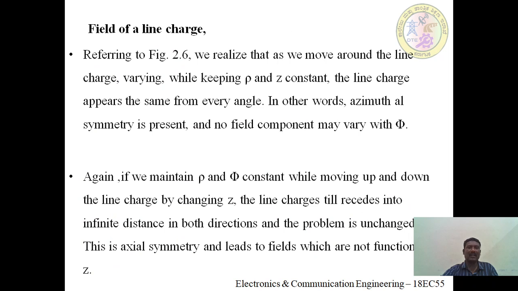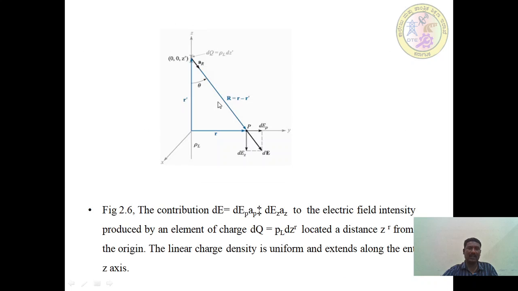First let us understand what is meant by line charge and how it will be existing. See here, this is rho L, a line charge. This is a line charge over which a small portion of the charge is marked here.